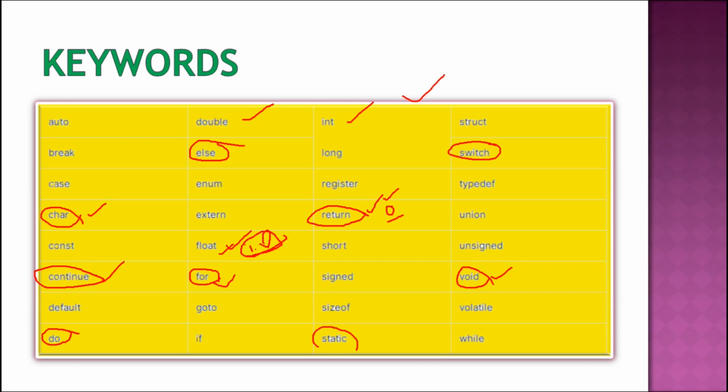Static means it does not change any value. If condition means whether a particular value is there, then it will have to do that one. However, we will see in the further classes how each keyword works and what task it performs.